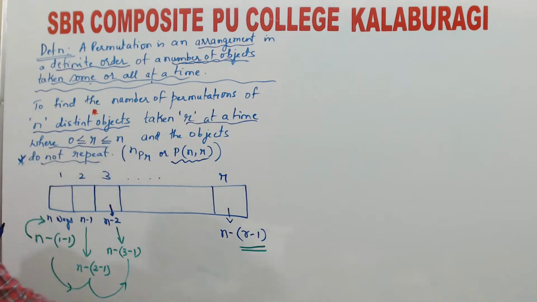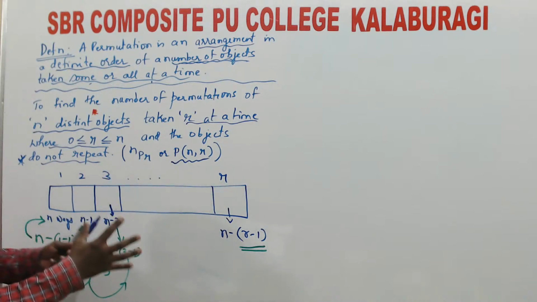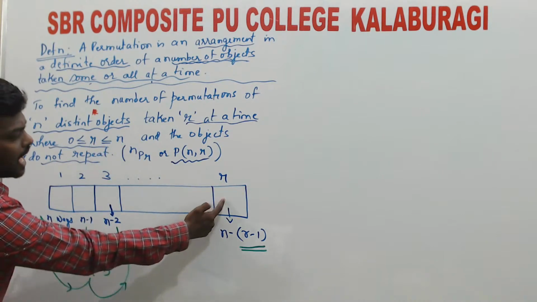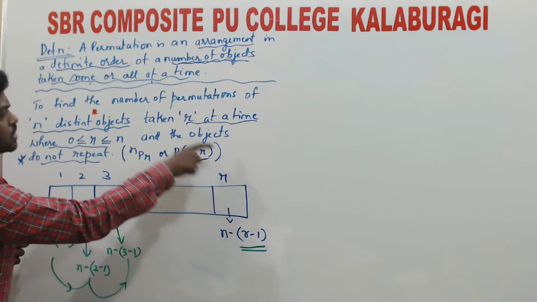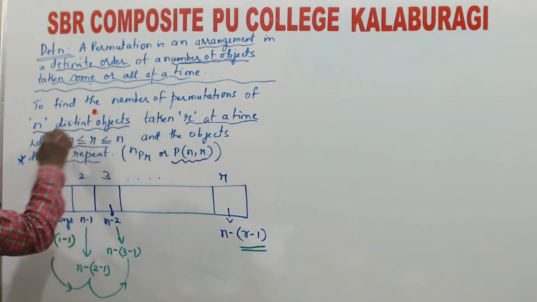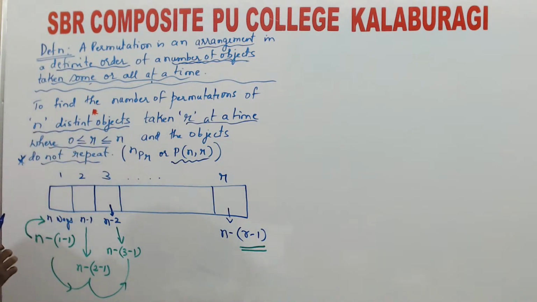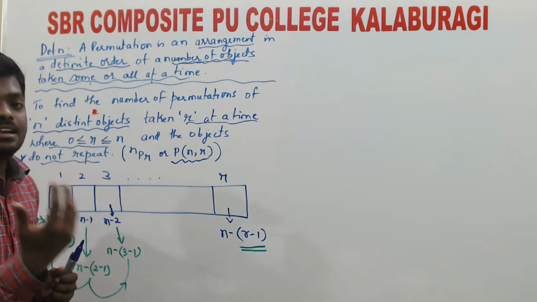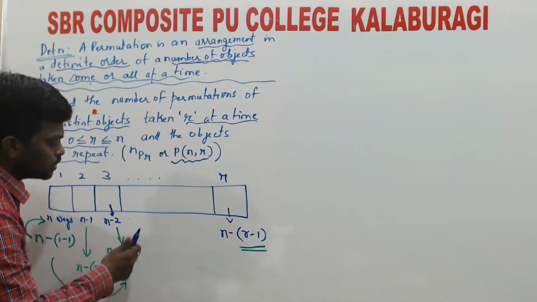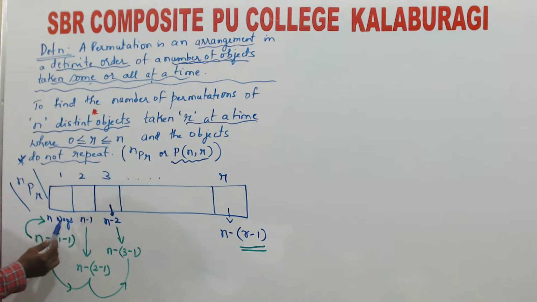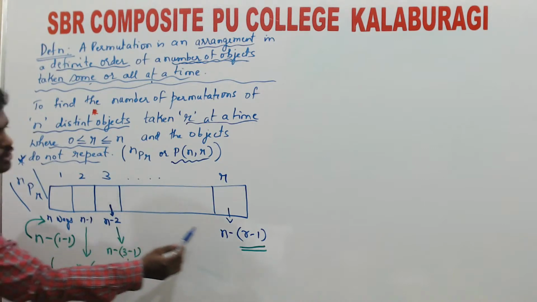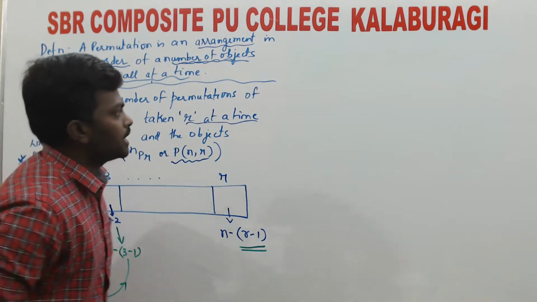So here we have arranged r, or filled r empty boxes using n distinct objects. So we have arranged r things out of n things. This is nothing but the arrangement of r things out of n. And what is that arrangement? n, n minus 1, n minus 2, up to n minus of r minus 1.